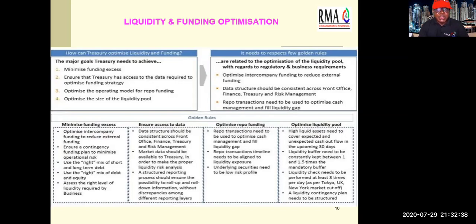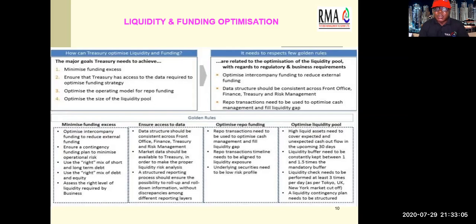Again, market data should be available to Treasury in order to make proper liquidity risk analysis and decisions. So Bloomberg and other access to information and data is very key. And of course, a structured reporting process should ensure the possibility to roll up and roll down information without discrepancies among different reporting layers and mechanisms.